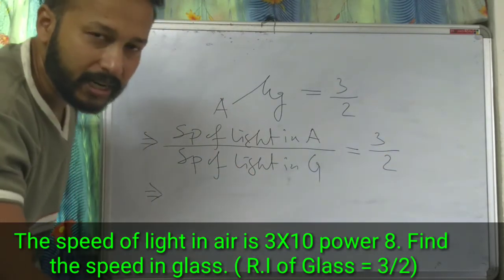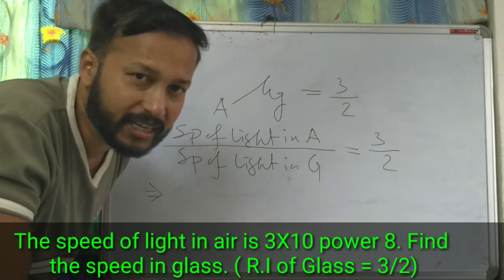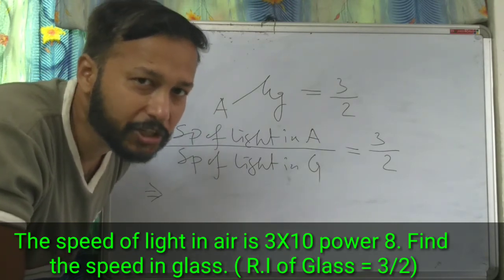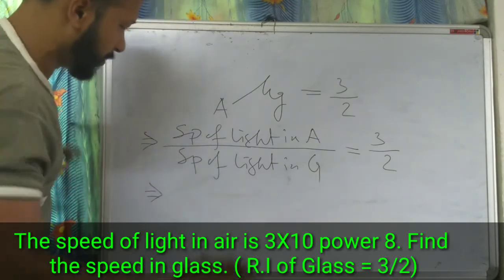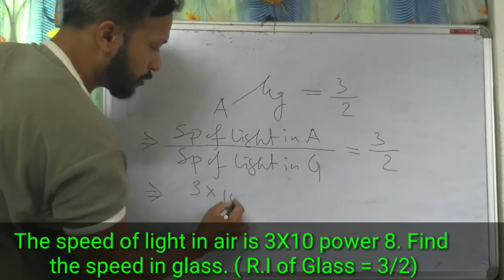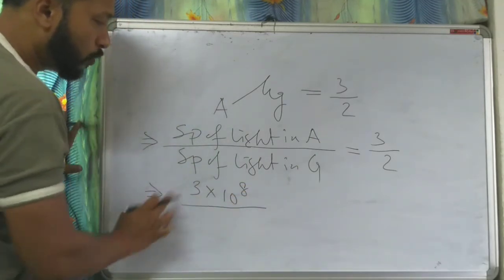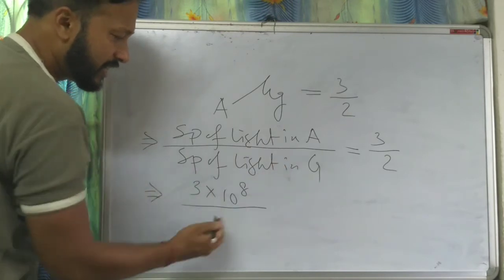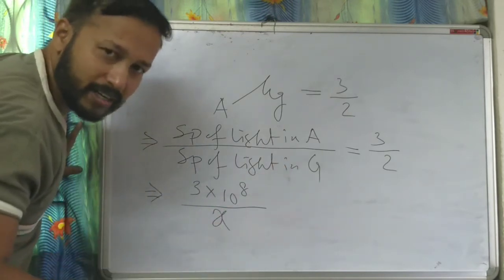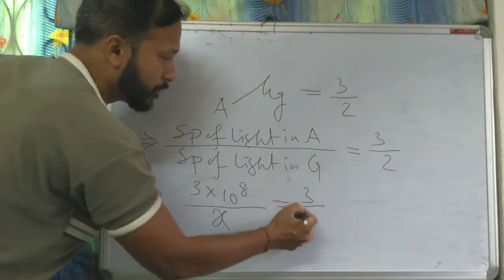Now in the question, the speed of light in air is given. What is that? 3 into 10 to the power 8, by what is the speed of light in glass? Say x. Fine. Equal to 3 by 2.